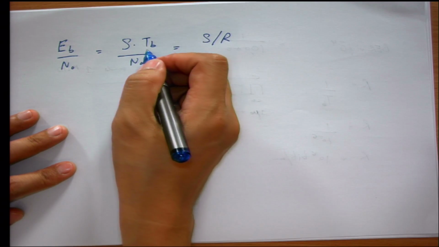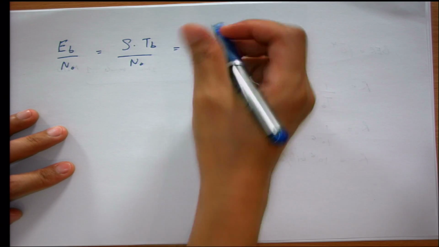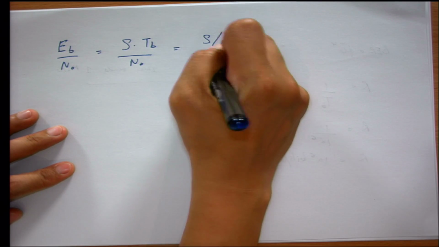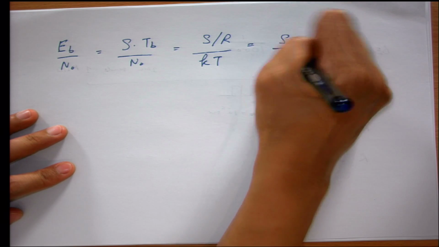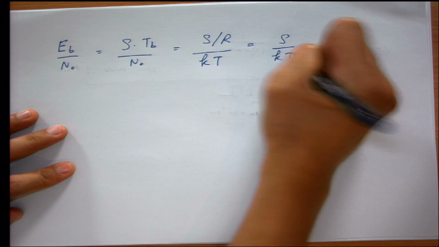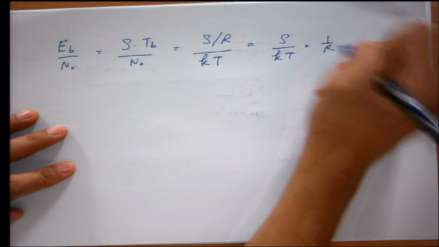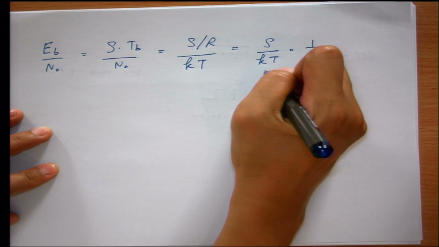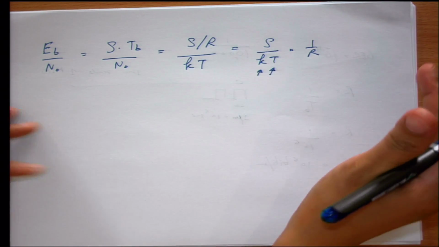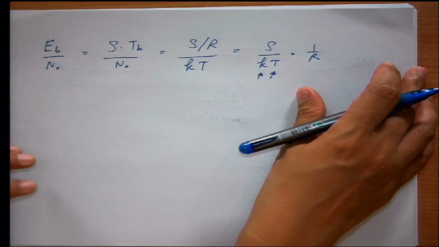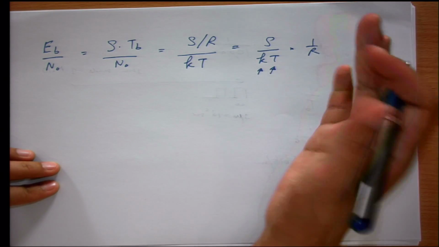Because Tb is 1 over R, this is S over kT multiplied by 1 over R, right? Now, k is constant. T is also constant for the system that you are working on.